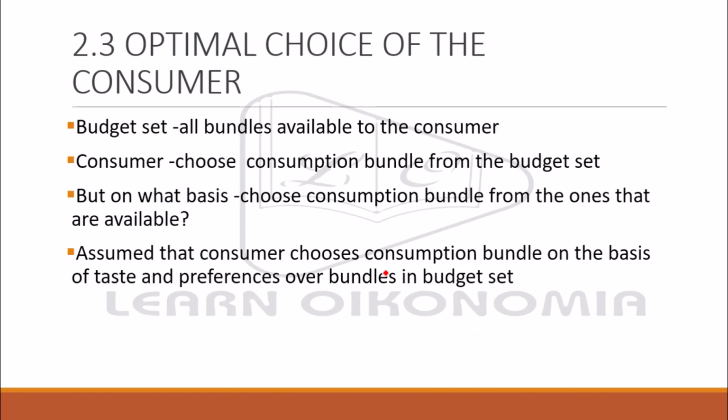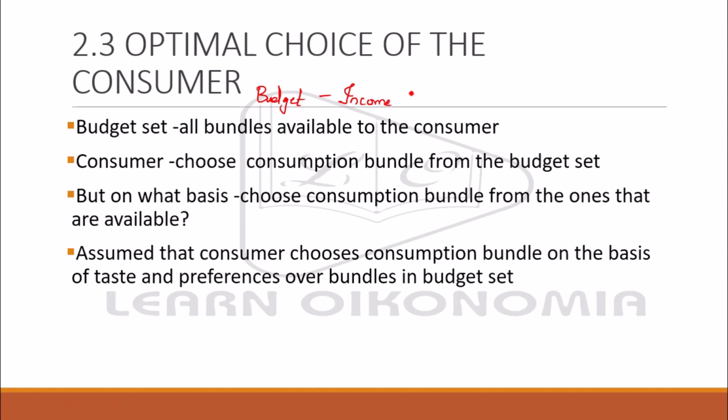Now it is the time to see the optimal choice of the consumer. Whenever we have a consumer, we know that a consumer will be having a budget. And this budget is something that shows the income of the consumer, isn't it? So this is what we have already discussed.